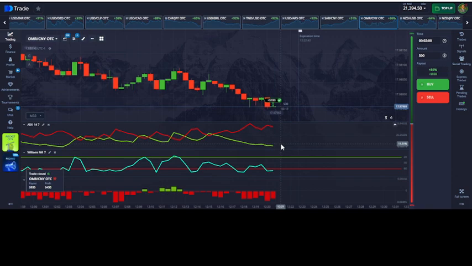Awesome. Okay, so that trade was also in the money. All right, so let's move on to the next trade setup.